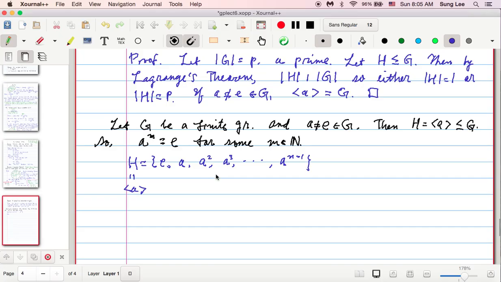So there are infinitely many positive integers that satisfy this equation, but the least one in this case is n. So we say the order of a equals n. That's what I meant.